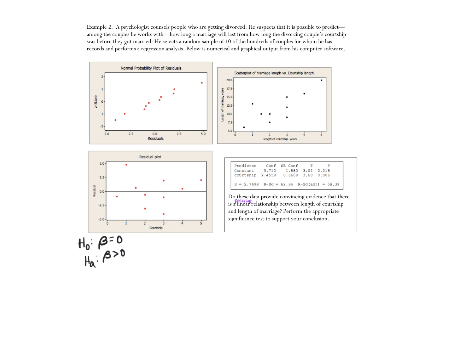And then what else do you think I should write with this? What beta is? Beta equals the slope of the true line relating length of courtship and length of marriage.